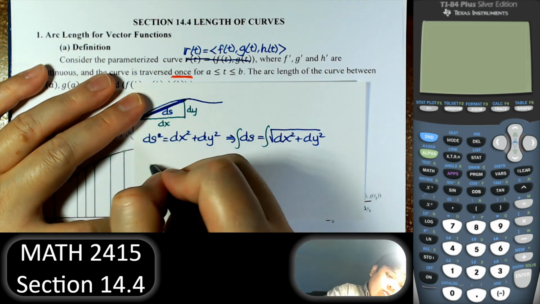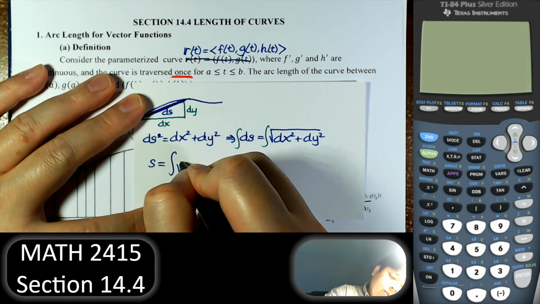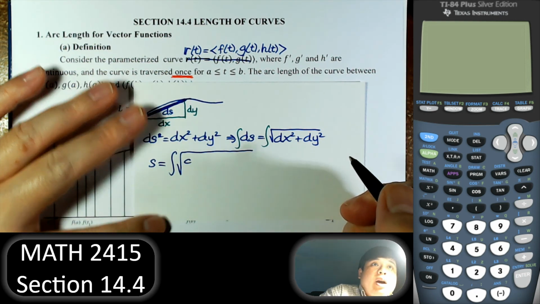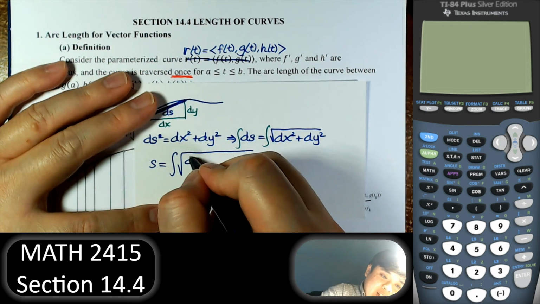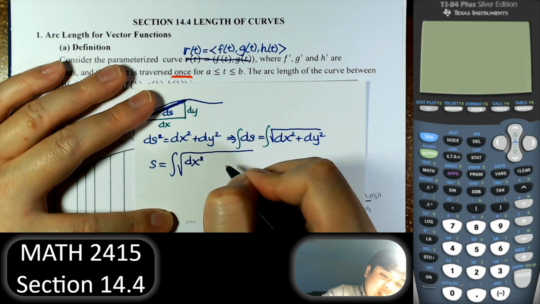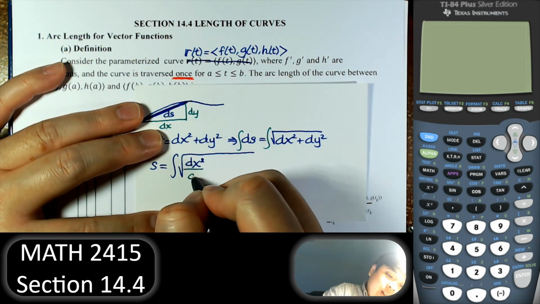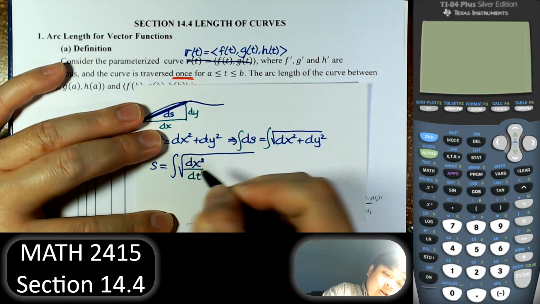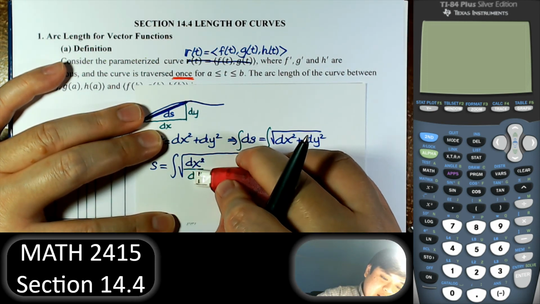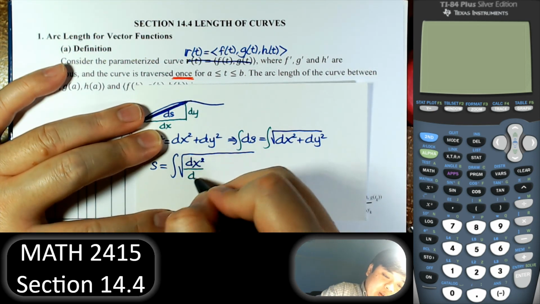Integrate that gives us s. Then dx square plus dy square. This is not a precise proof, but at least it is kind of like a pseudo proof which helps us understand things a lot better than just trying to remember the formula.